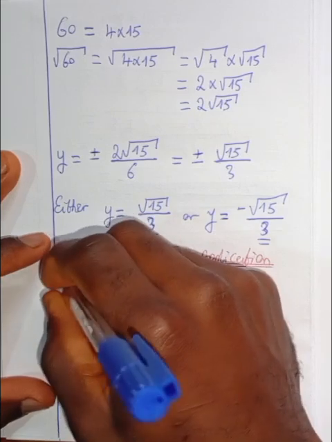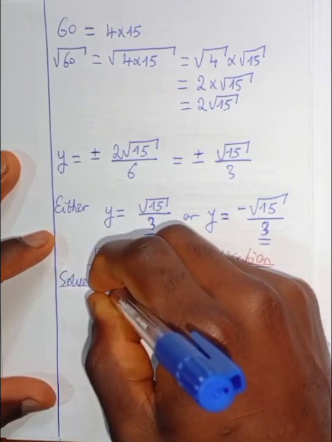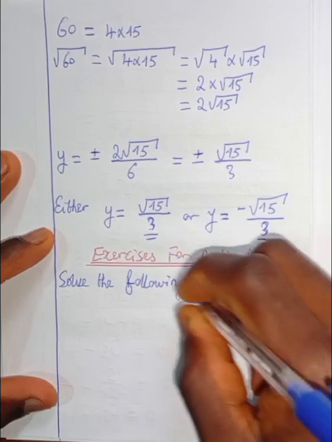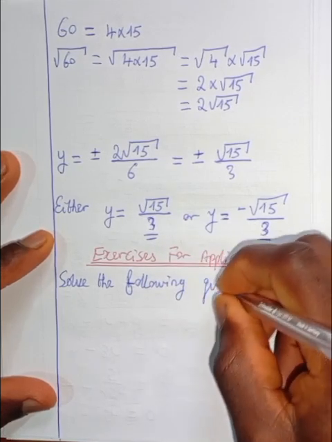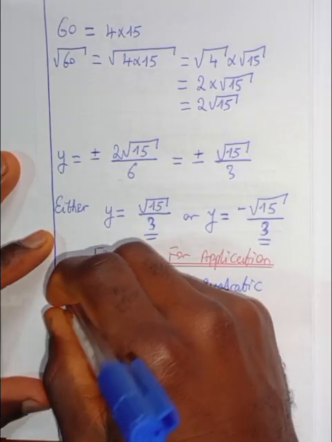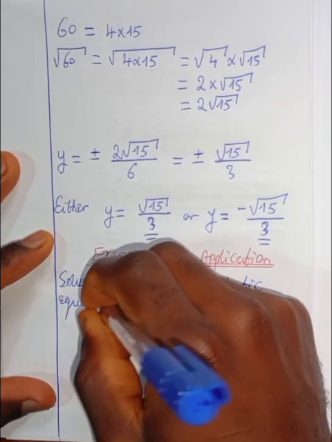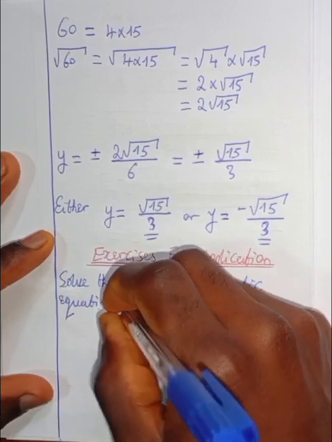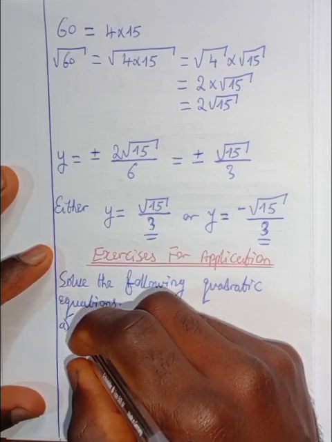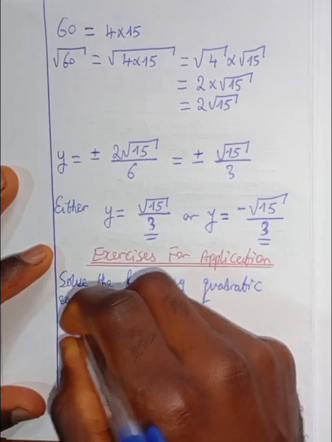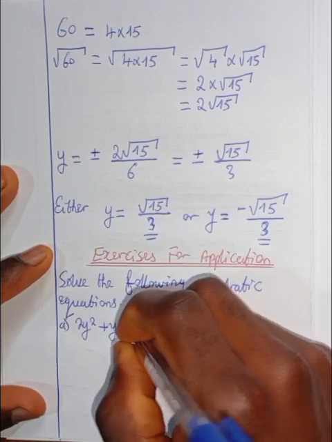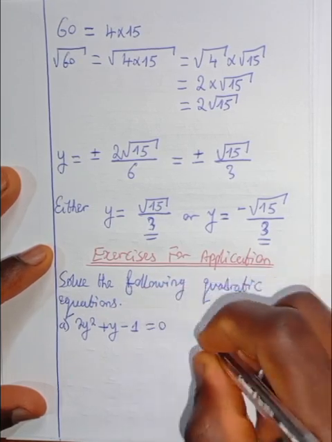Solve the following quadratic equations. I will not oblige you to use a particular method, so you use any method of your choice. For question A, we have 2y squared plus y minus 1 is equal to 0.